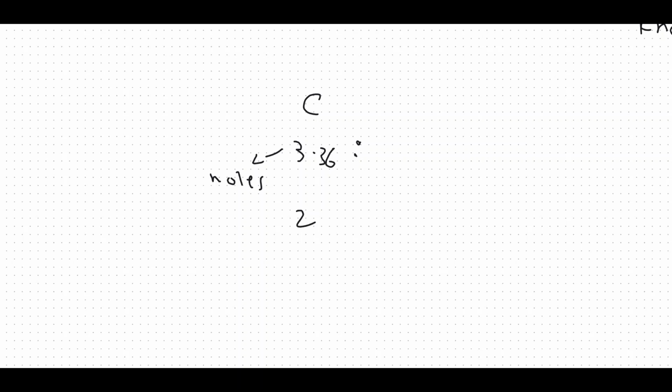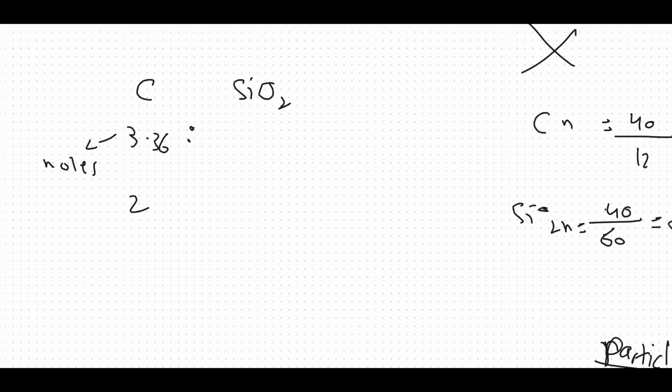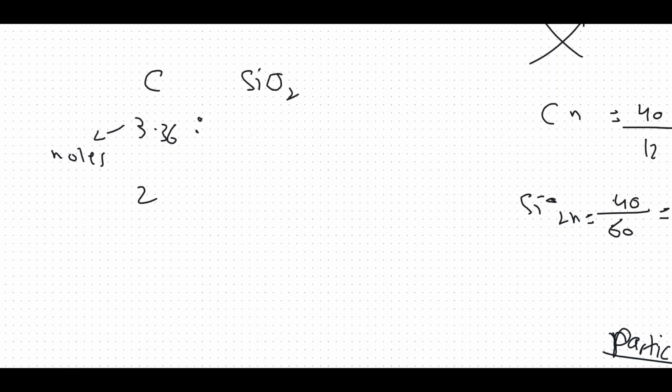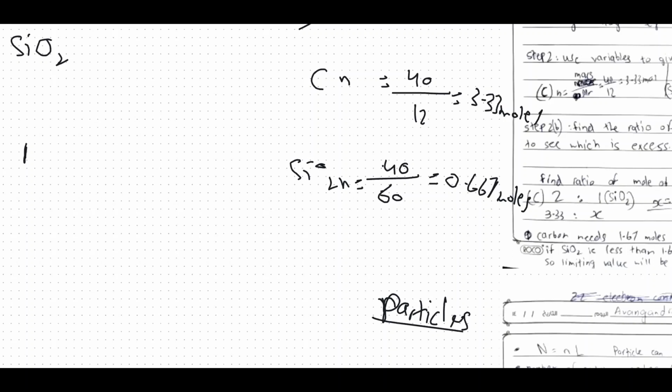And then I write the values of SiO2, the second reactant. In this case, the suffix is 1, and the number of moles is 0.667. That's the number of moles I need to react.